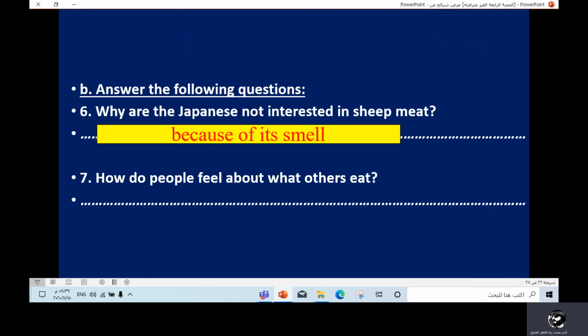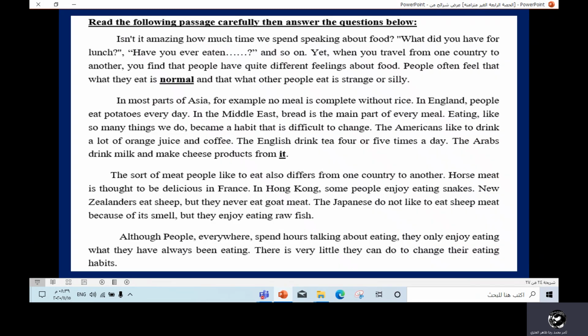Let's move to question number 7. How do people feel about what others eat? Which paragraph was talking about this? Identify the keywords. If you don't have keywords, identify the verb here. Let's see the verb feel. Which paragraph was talking about the feeling of people? Try to find it, my dear student. Check paragraph number 1, for example. Do you find it? Great, that's right.